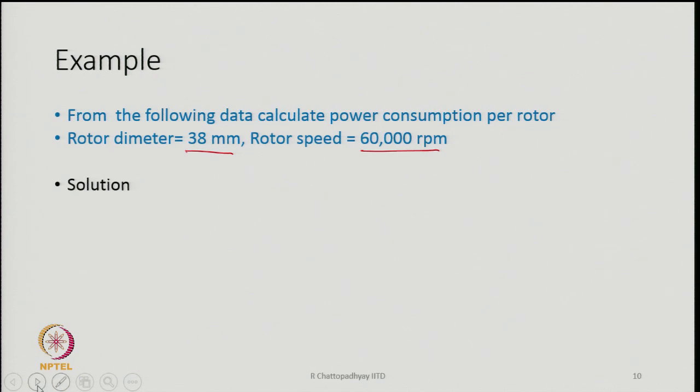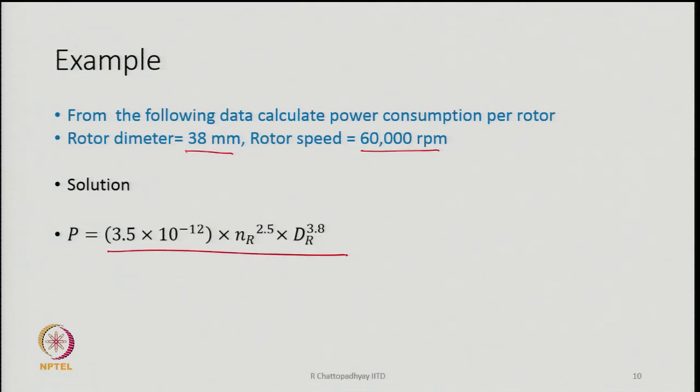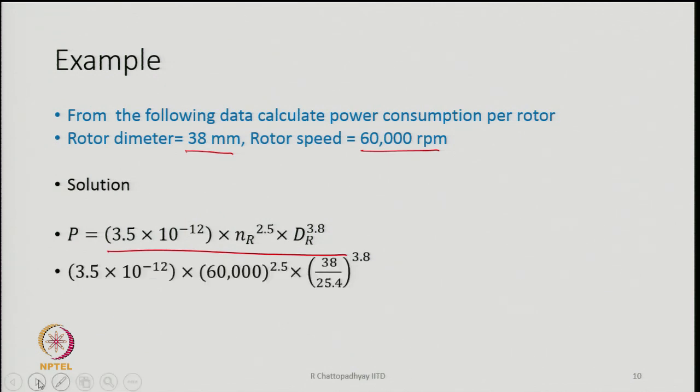Now, for this, if we want to find out what is the power consumption, we make use of that previous formula that was given in the previous slide. This formula we make use of. So, values are given and you substitute them. Such calculation would obviously need the help of a calculator.